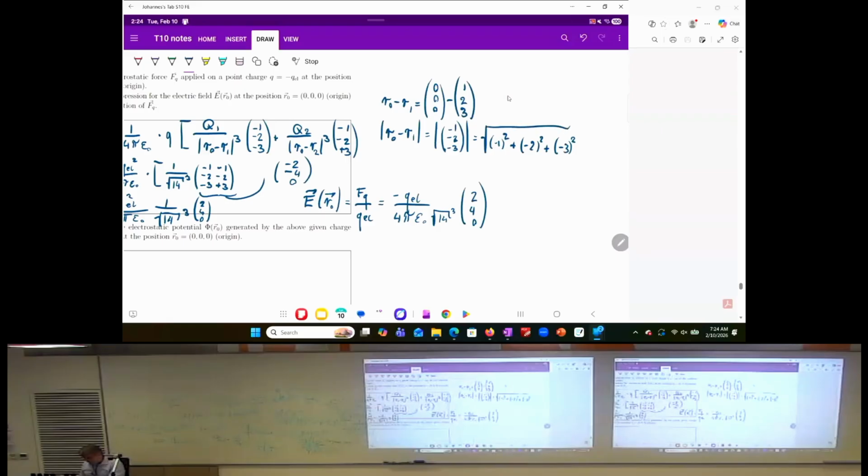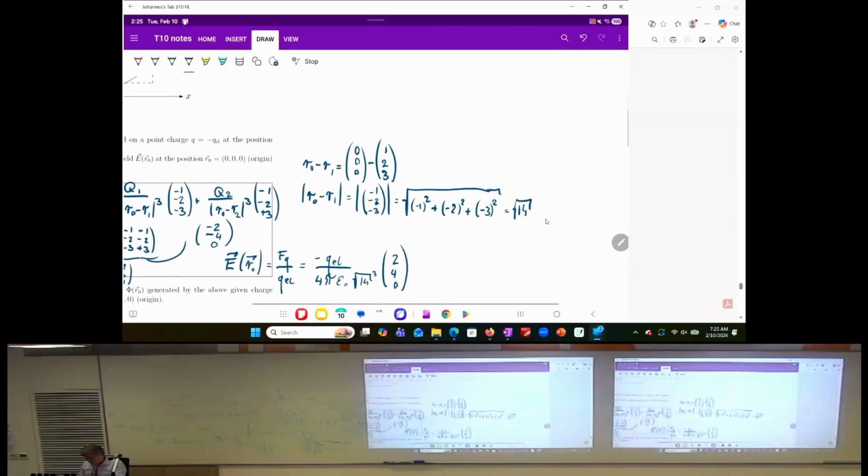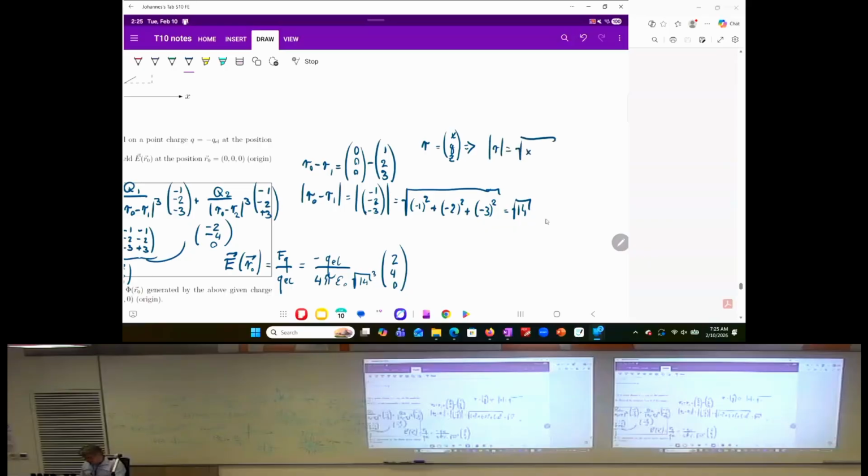I mean, you take the square of each of these components, and then 1 squared is 1, plus 2 squared is another 4, plus 3 squared is another 9. So this gives you 1 plus 4 plus 9 is 14. So in general, if you have any R, and that gives you some X, some Y, some Z, then if you take the absolute value, you get X squared plus Y squared plus Z squared, yeah? This is the norm of your vector.